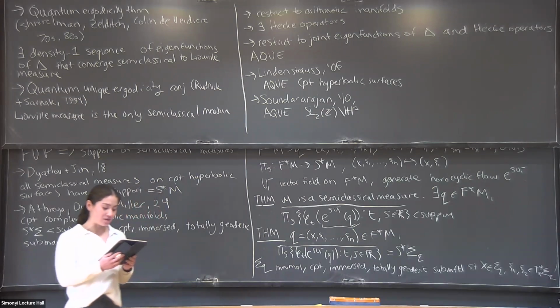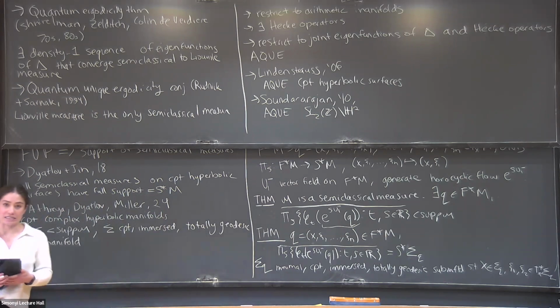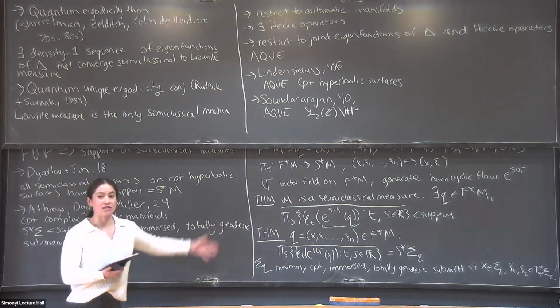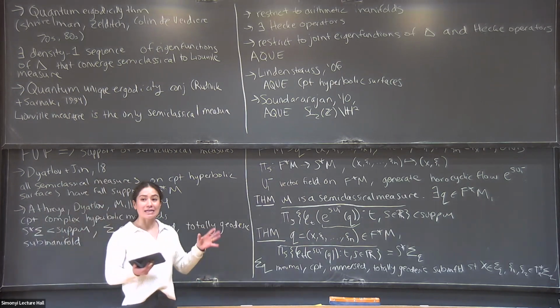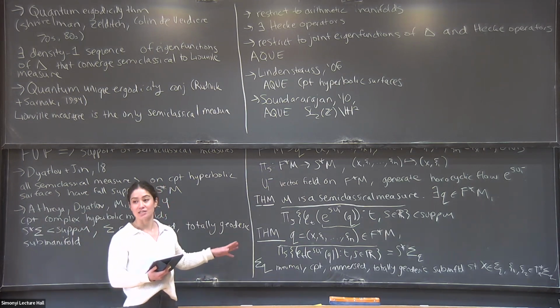One last comment I wanted to make is this work is all inspired by quantum unique ergodicity. And if quantum unique ergodicity were to hold, then all semi-classical measures would have full support. So the question is, are there any cases here where this does give full support? We know there are many examples of three-dimensional non-arithmetic hyperbolic manifolds with no totally geodesic submanifolds.